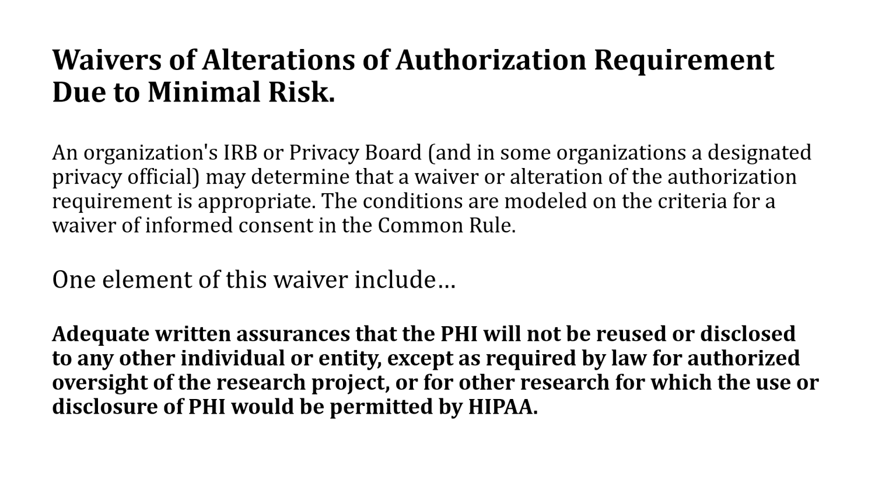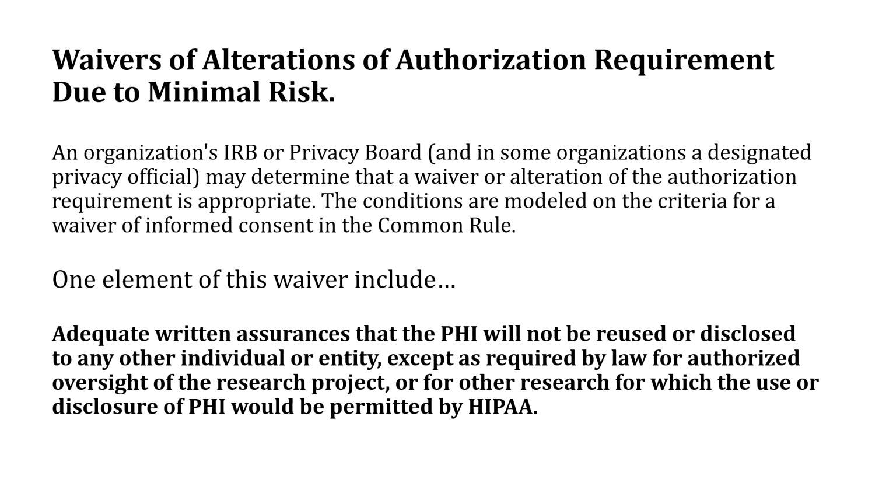Waivers or alterations of the authorization requirement due to minimal risk. An organization's IRB or privacy board, and in some organizations a designated privacy official, may determine that a waiver or alteration of the authorization requirement is appropriate. The conditions are modeled on the criteria for a waiver of informed consent in the Common Rule.